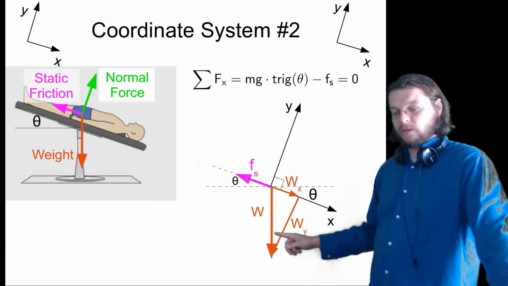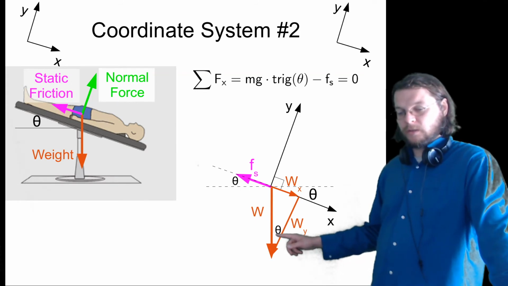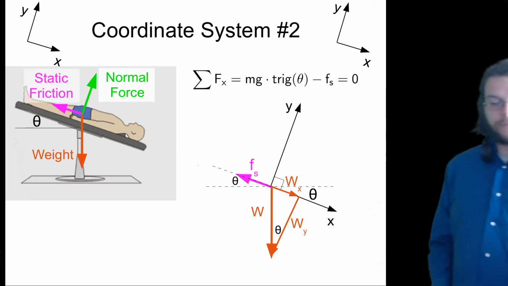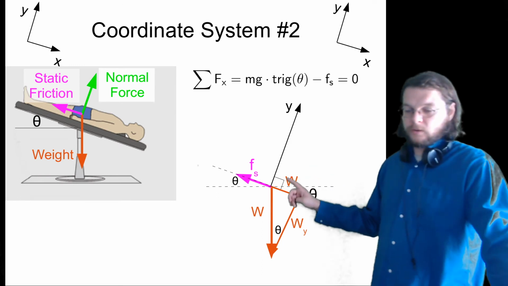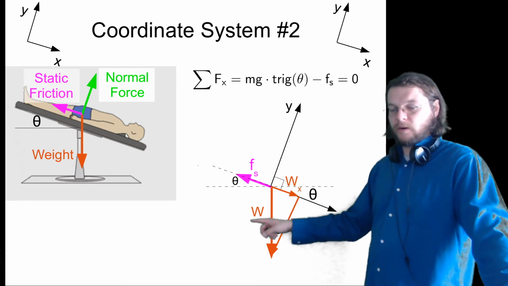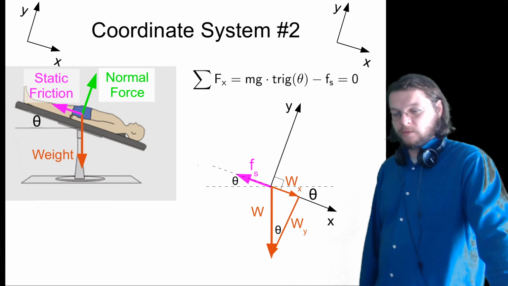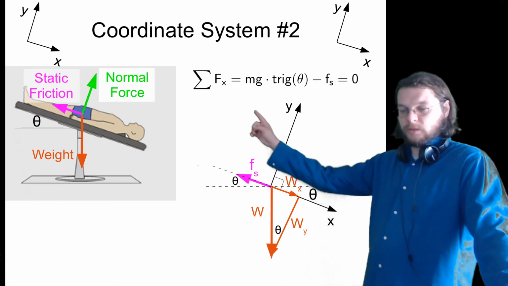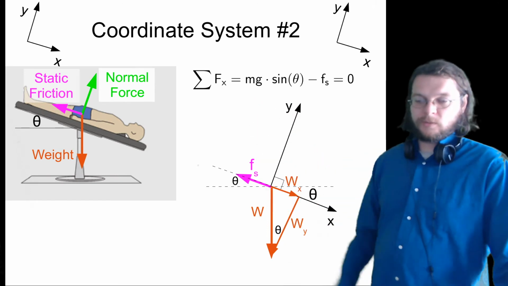So at the end of the day, you can conclude from all of that that this would have to be theta, the angle down here. And so now to figure out what Wx is, this is opposite over hypotenuse, which would be sine. So that means that this would be W sine theta.